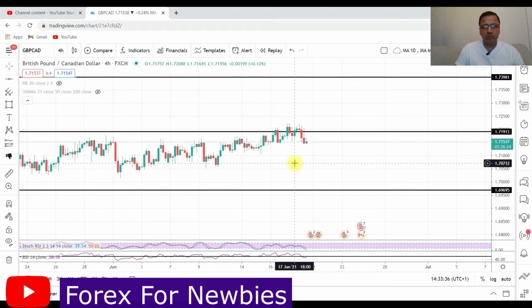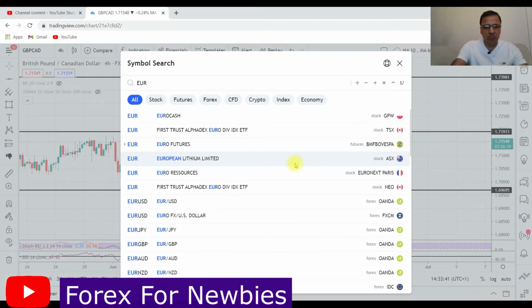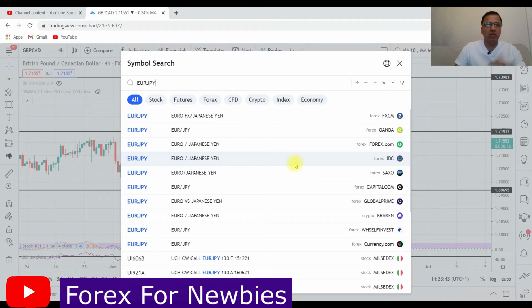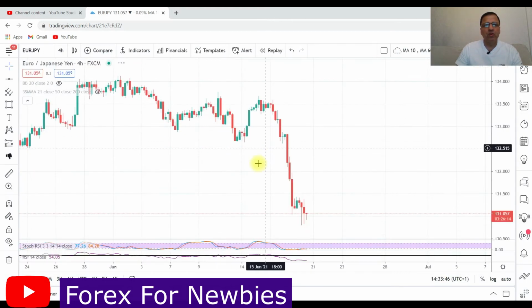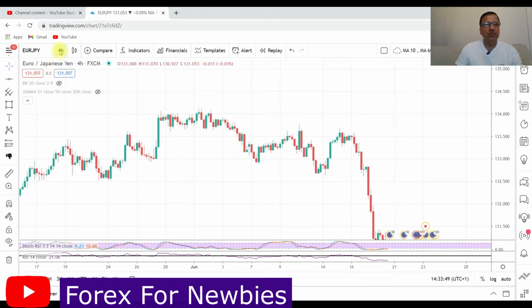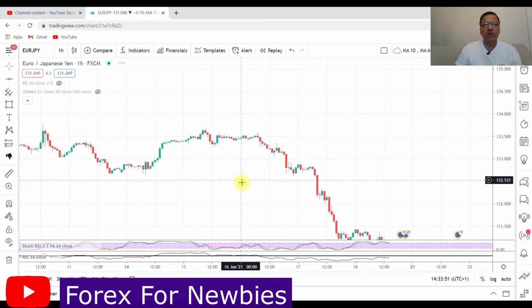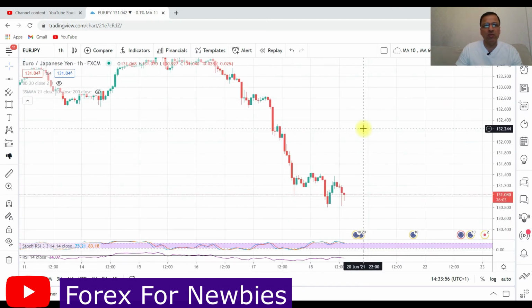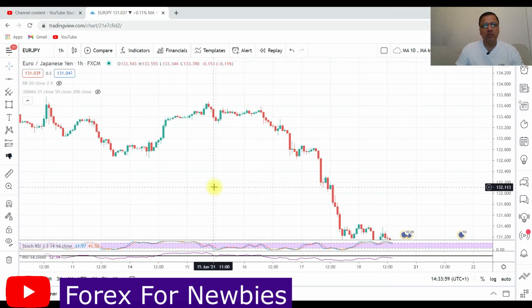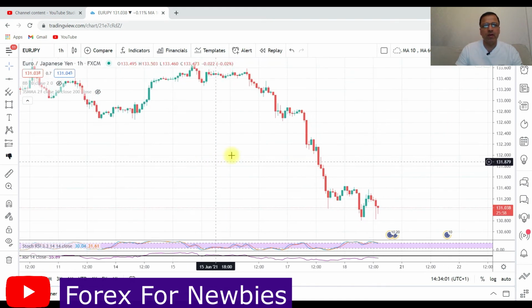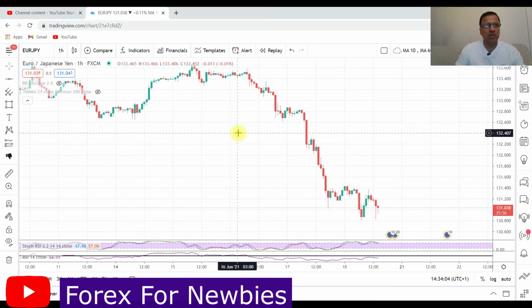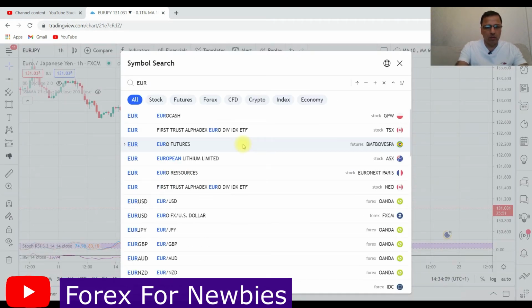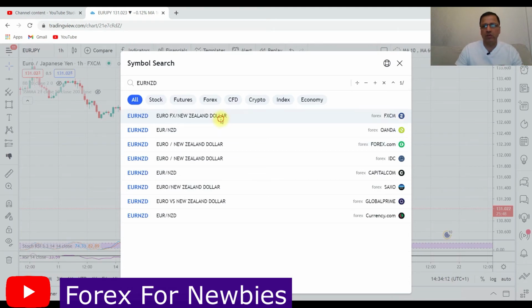Similarly, let's take another chart, Euro JPY, for example. If you want to trade on 15 minutes or 5 minutes, this is not a very clean chart, so let me find another pair so that I can give you a proper example.